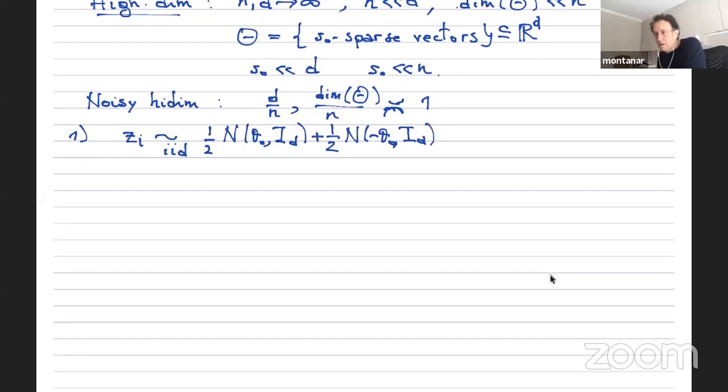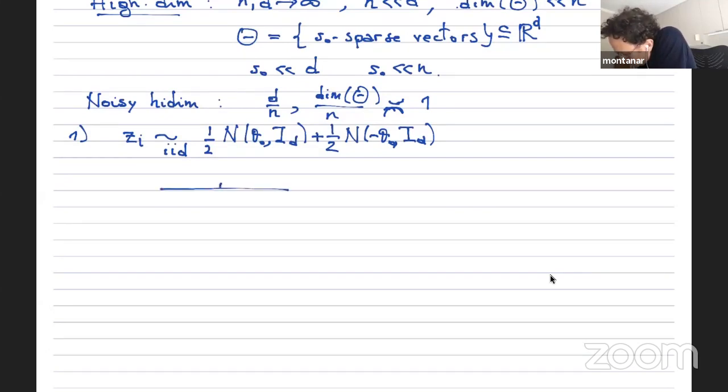With probability half they are generated from a Gaussian with mean theta 0 and covariance identity, and with probability 1/2 from a Gaussian with mean minus theta 0 and covariance identity.